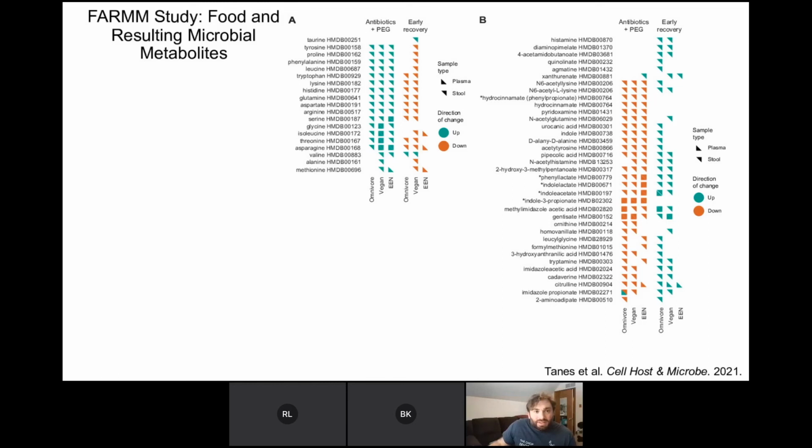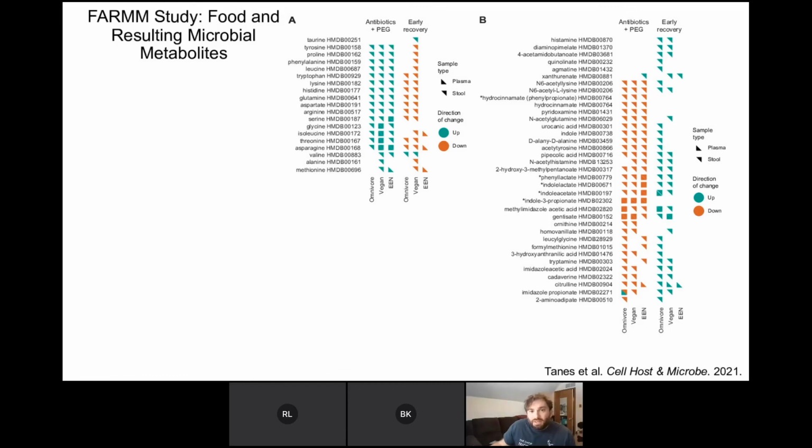So generally what we see is that amino acids, which are utilized by the microbiome, when you wipe out the microbiome or drastically decrease the microbiome, we see these increase in the stool and to a lesser extent in the plasma. And these are recovered, that we see they go back down during the recovery of the microbiome in the omnivore group, but not in the exclusive enteral nutrition group.